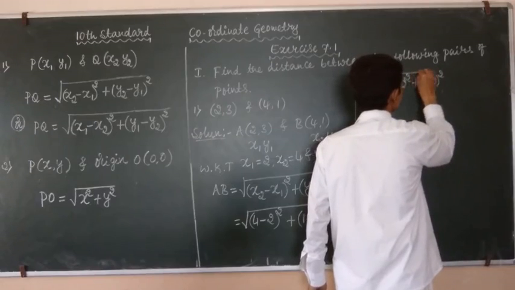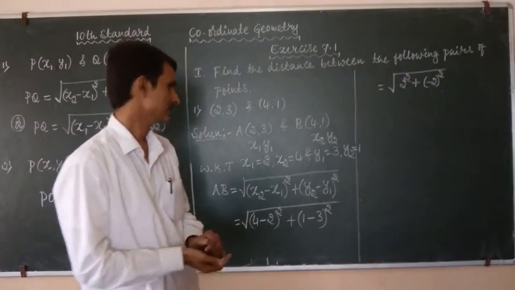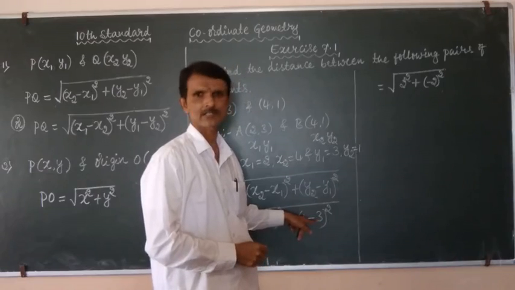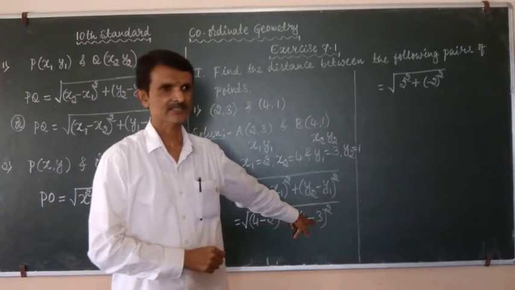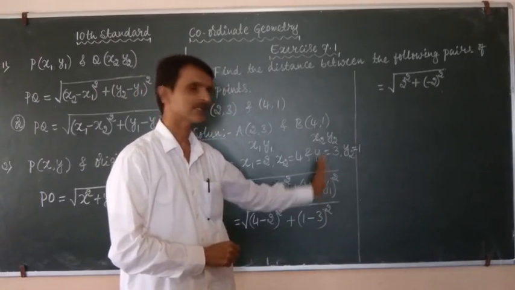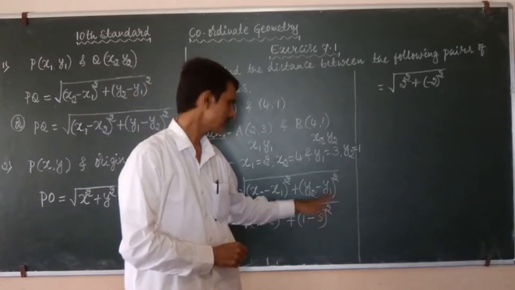Why is it minus 2 whole square? Because here 3 is the larger number, therefore we write the sign which is present at the larger number.